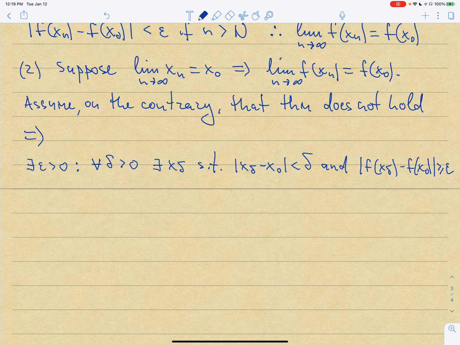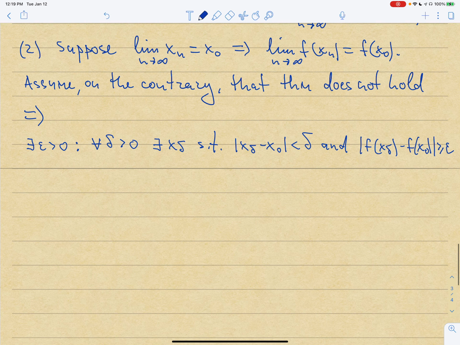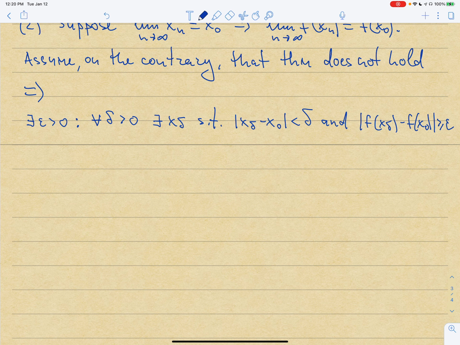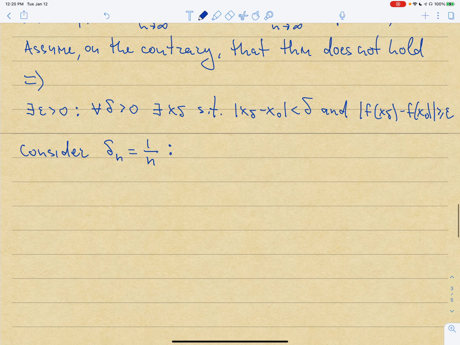All right, so now because this is true for any delta, we're not going to look at all of them, just special deltas. So consider delta n equal to 1 over n. Then I can rephrase the statement as follows. There exists an epsilon greater than 0 such that, now, this was true for any delta.